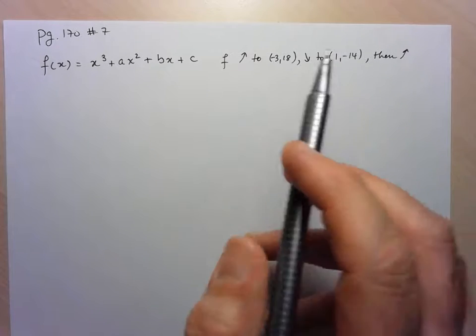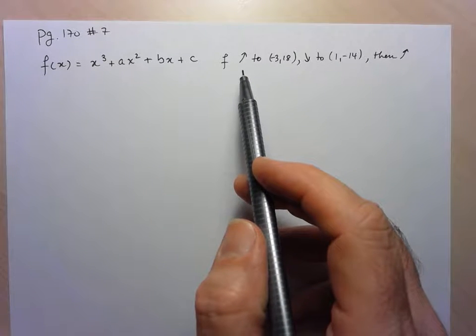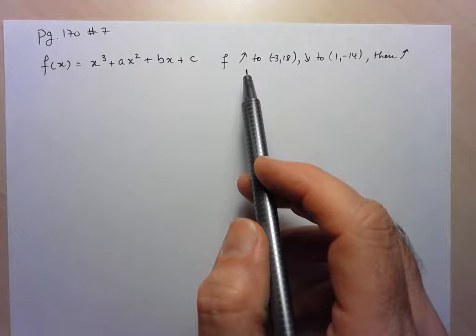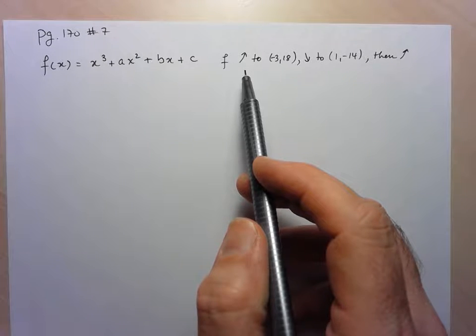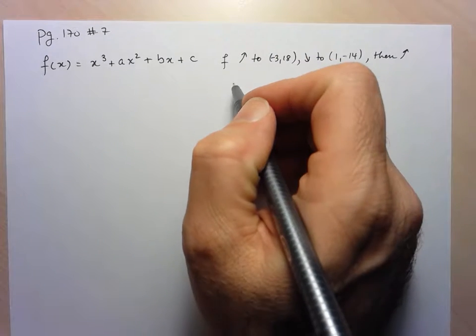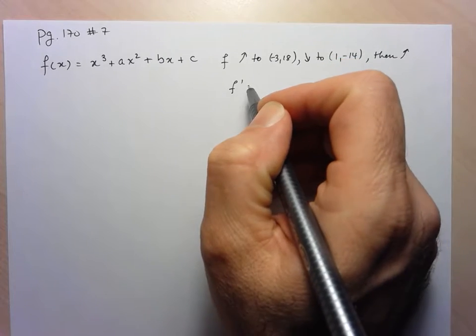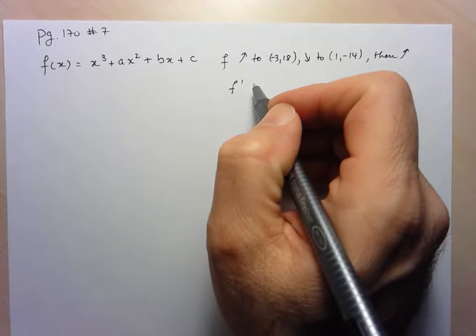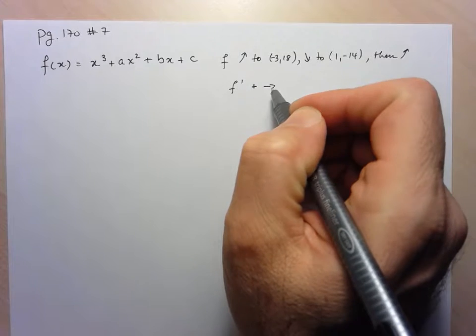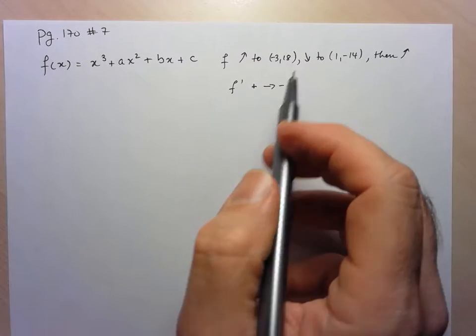So when we talk about the increasing and decreasing behavior of a function, we're talking about the sign of the derivative. So here, the function's derivative has to go from positive, which is increasing, to negative, which is decreasing.